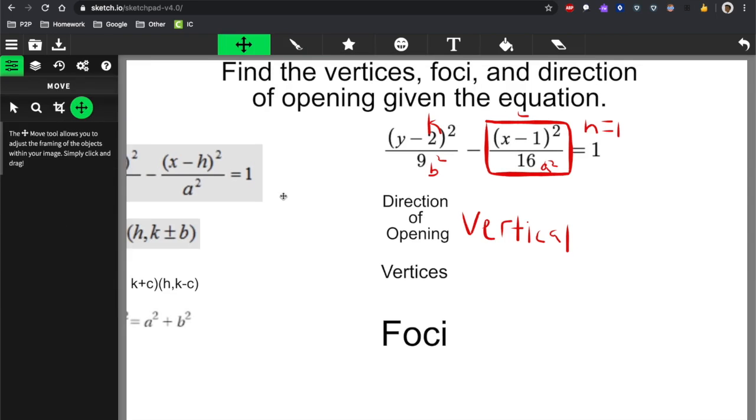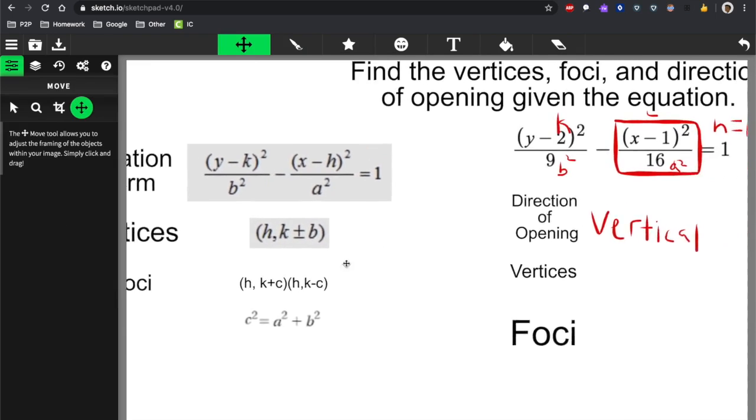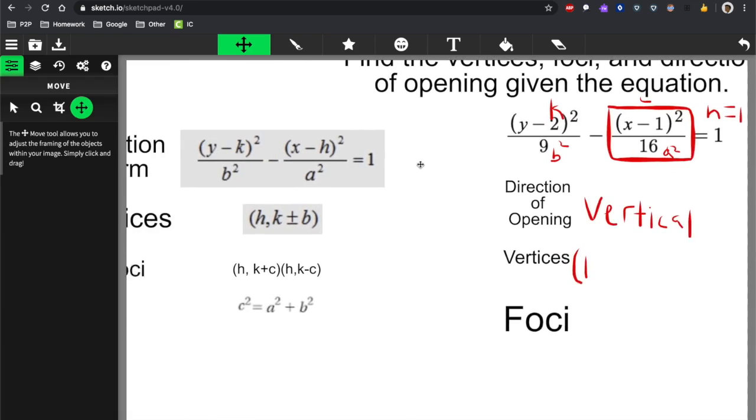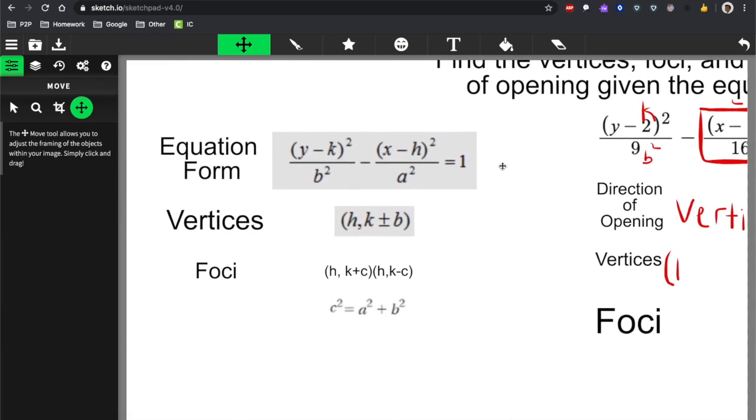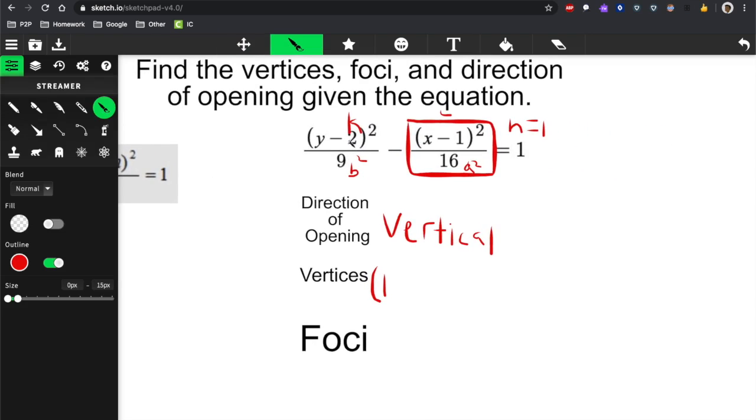Okay, now let's find our vertices. Our equation for our vertices is h comma k plus or minus b. Now, just plug and chug once again. Our h value we found to be 1. So 1, going back to the equation, 1 comma k plus or minus b. So we know that our k value is 2. So 2 plus or minus our b value.